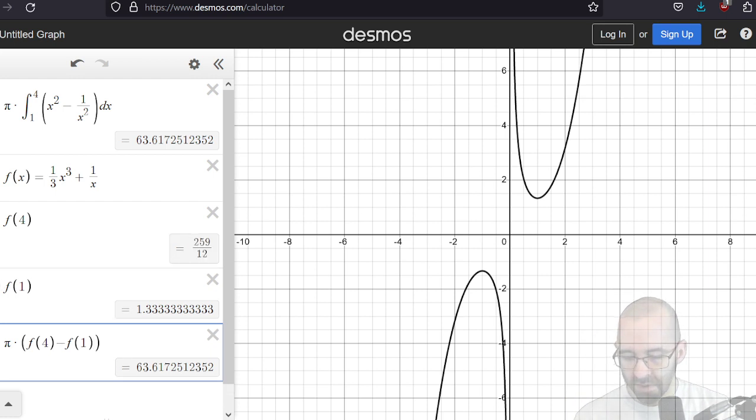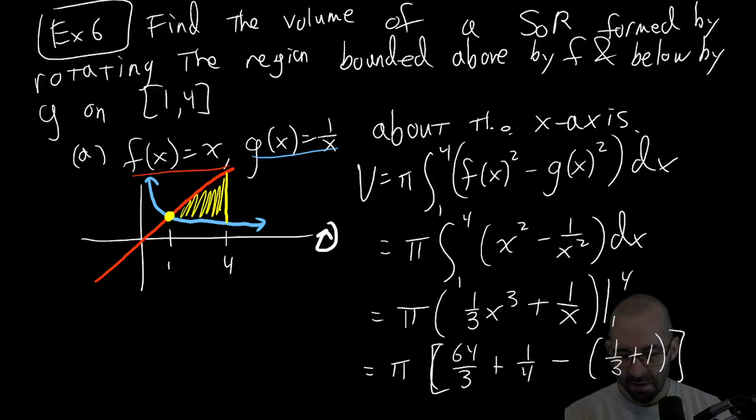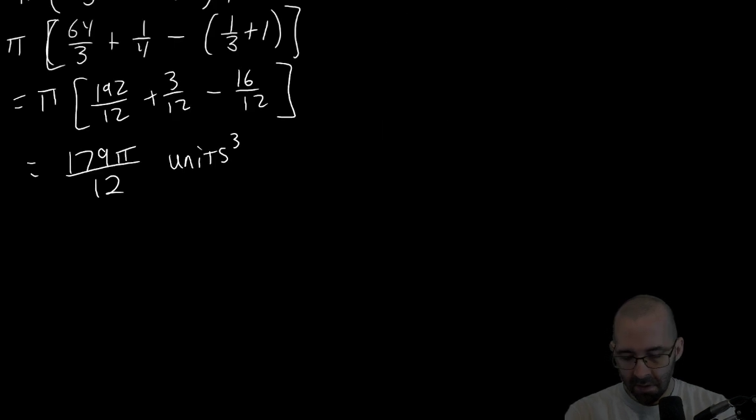So f of 4 is 259/12. Oh, I multiplied this by 3 instead of 4. That's what the problem was. So multiply by 4, we get 256/12, which is why the 259/12 comes in.